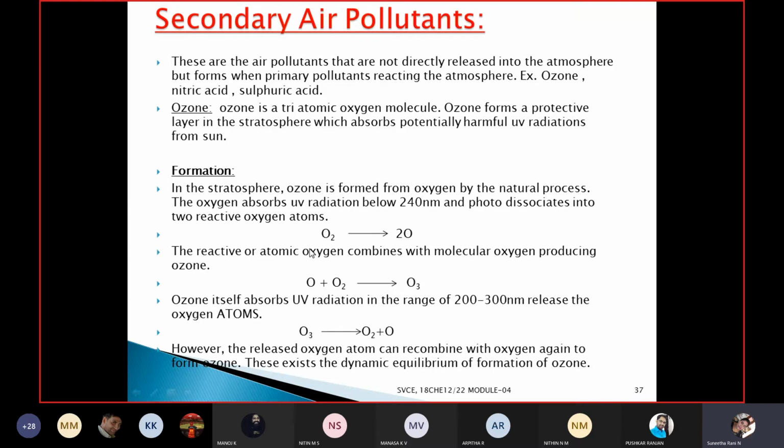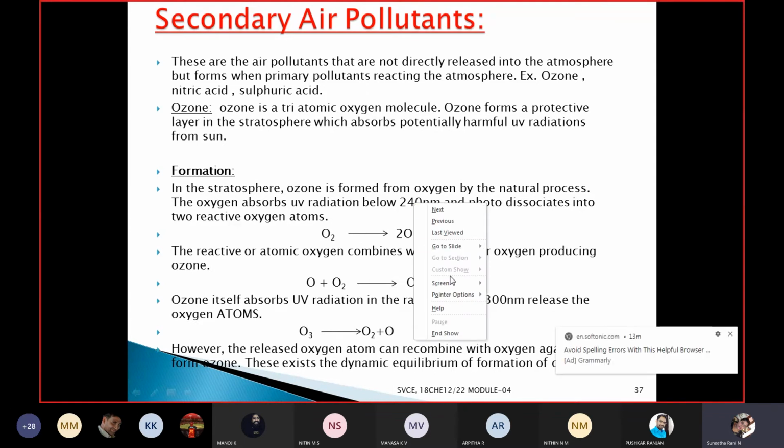So this is how it forms: from oxygen only the ozone will form, right? In the stratosphere, ozone is formed from oxygen by a natural process. It will form when oxygen absorbs UV radiations below 240 nanometers.